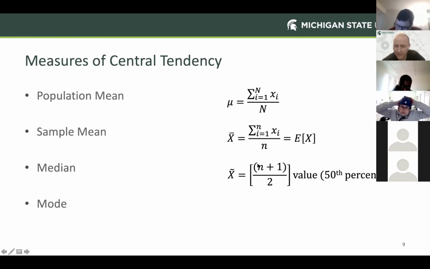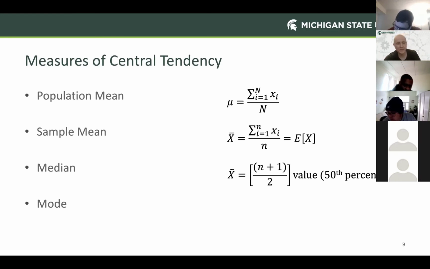If n is equal to 9 in our sample, we would just take 9 plus 1 divided by 2, which gives us 5. That just means the 5th value of those 9 would be our median, or the 50th percentile, okay? Likewise, if we had a sample size of 10, it would be our 5.5 observation, which, what does that mean? We basically just take the straight line average between the 5th and 6th observations in those cases, okay?